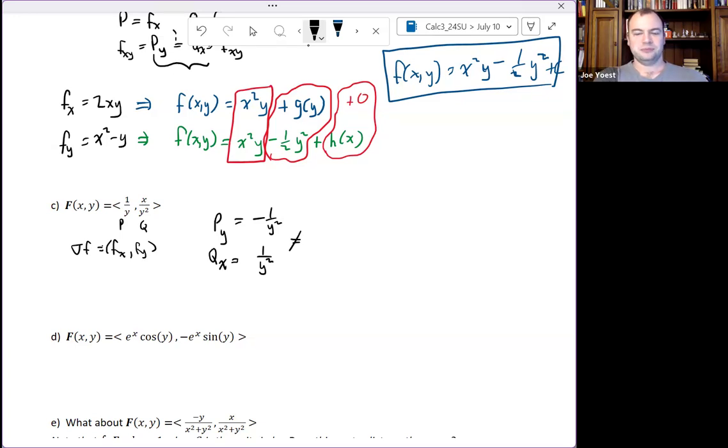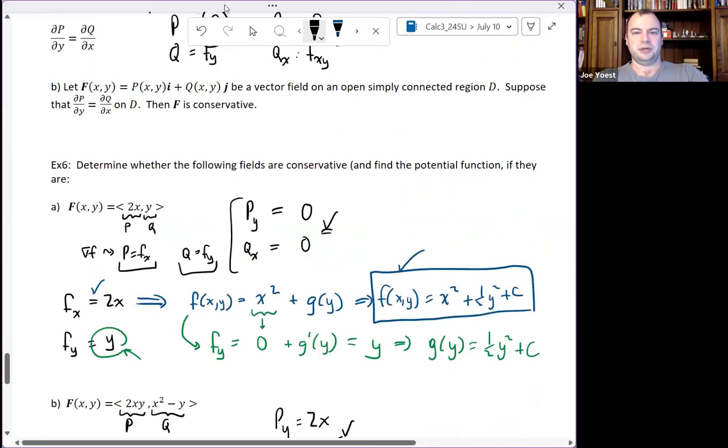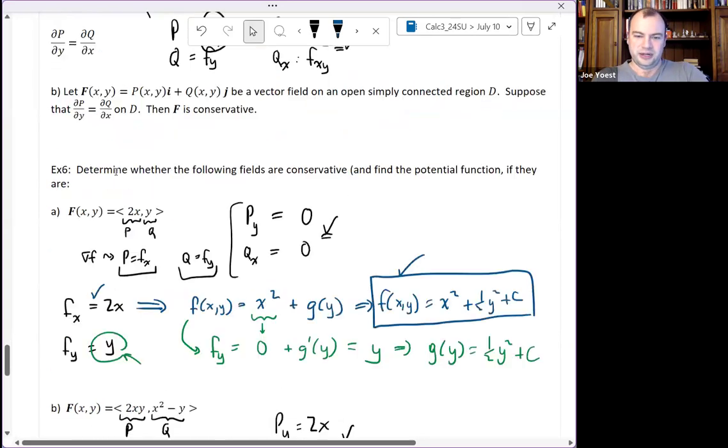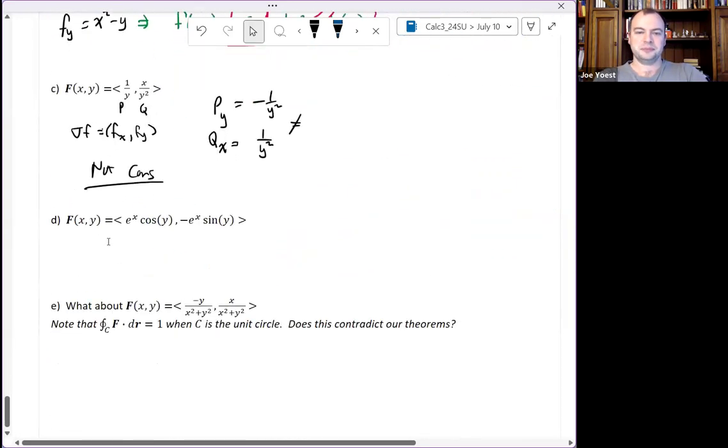And so this is not a conservative vector field. I'm not going to be able to use my nice little fundamental theorem for line integrals up here. I might have to integrate the way that I did in the previous section.